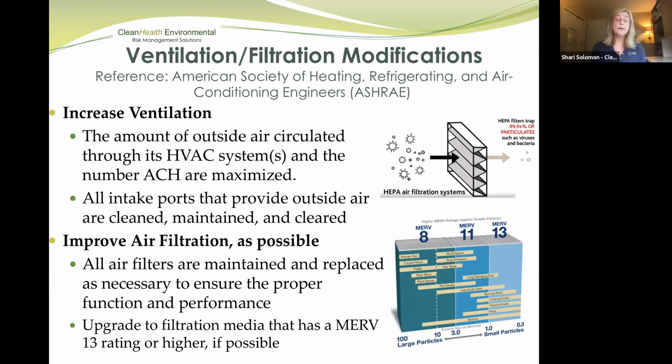So in short, increasing ventilation. So the amount, and this is directly from the emergency temporary standard, the amount of outside air circulated through its HVAC system and the number of air changes per hour are maximized. So they don't provide a specific number, but you want to make sure that air changes per hour are maximized.